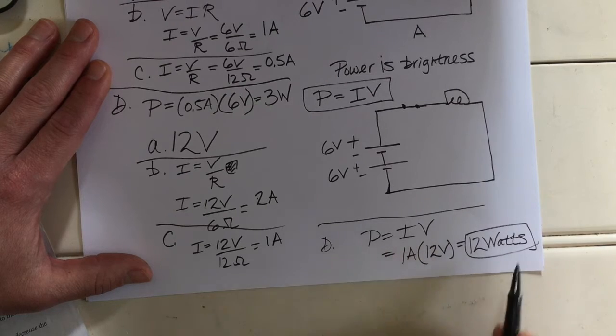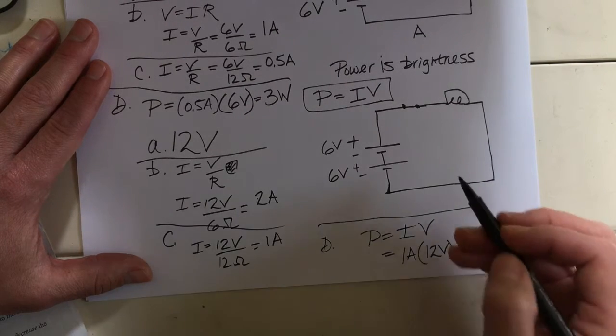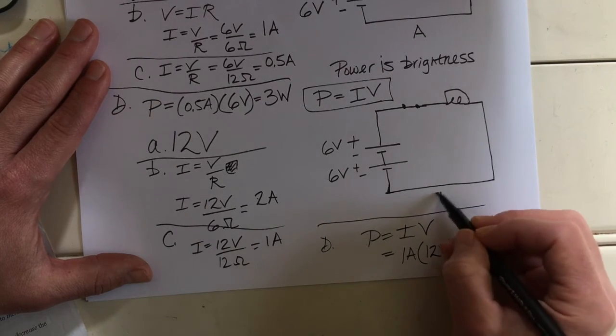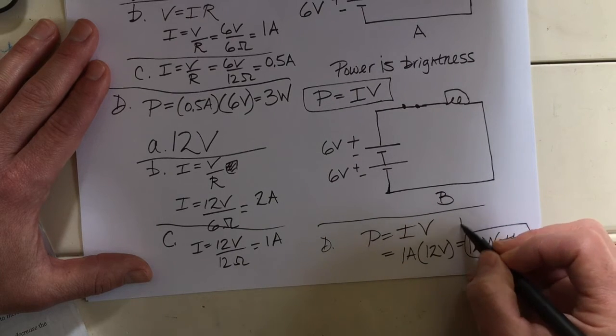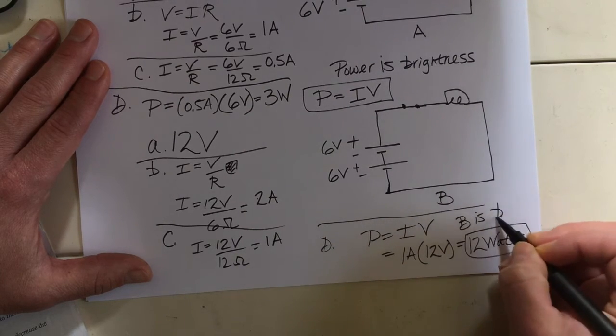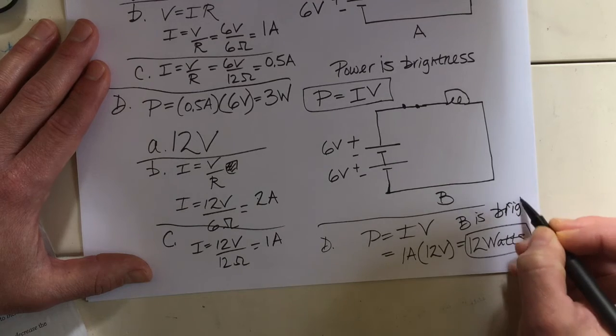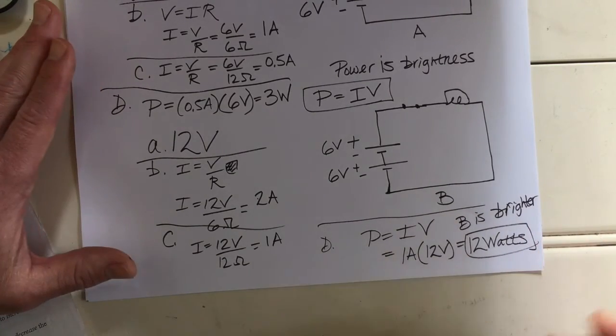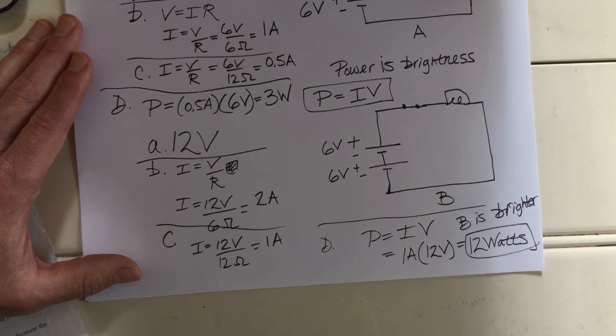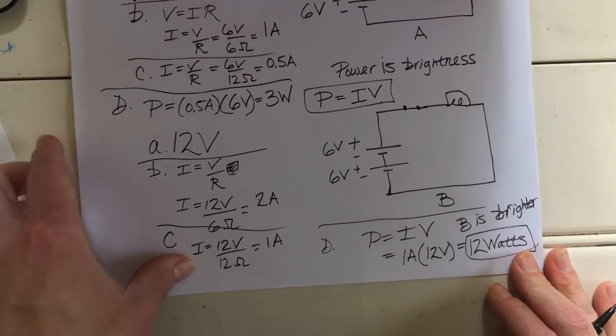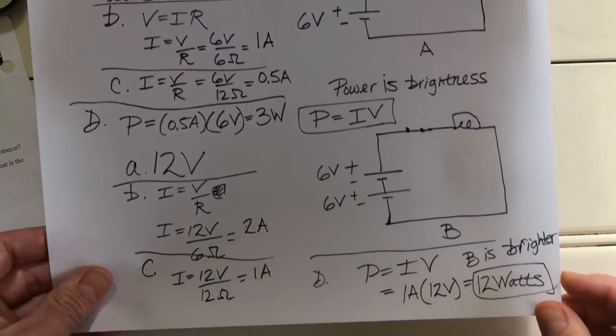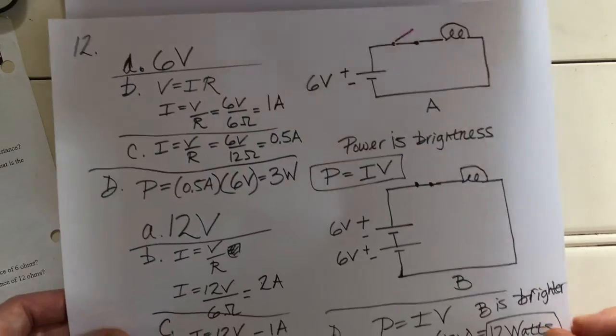So therefore, circuit B, I forgot to draw the B here, we can see B is brighter. Okay. Hopefully, like I said, that's easy to see with the lighting in here.